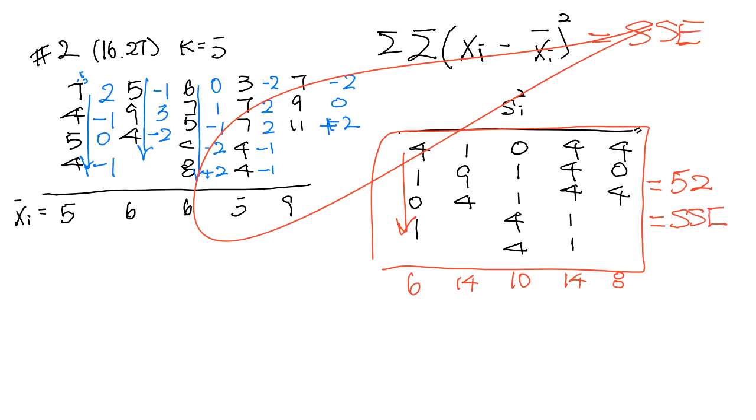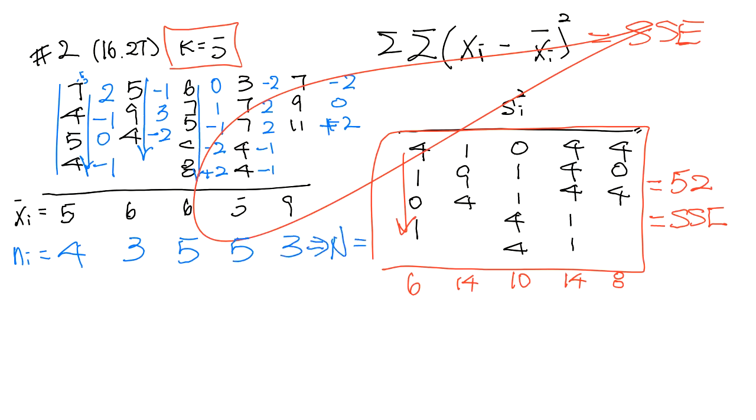Now we have to figure out how many big N, and we already know K is 5. So let me take the sample sizes, the ni's: 4, 3, 5, 5, 3. So the big N is 20, K equals 5, and SSE was 52.